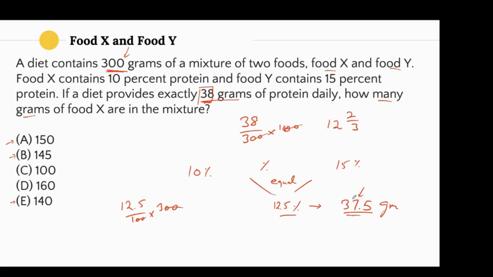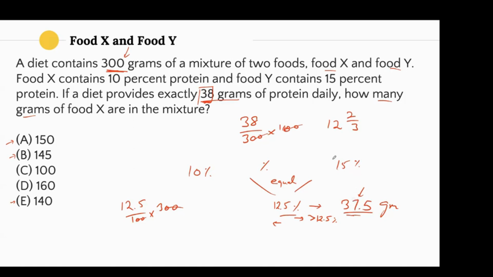The amount of protein is slightly more. In other words, in terms of percentage, Abhinav, is the percentage slightly more than 12.5 or slightly less than 12.5? Slightly more. Slightly more? Yep. Right? Exactly how much? You had actually calculated that anyway. 12.66. Slightly more than 12.5, which we can see through this also, right? Slightly more than 37.5 grams.